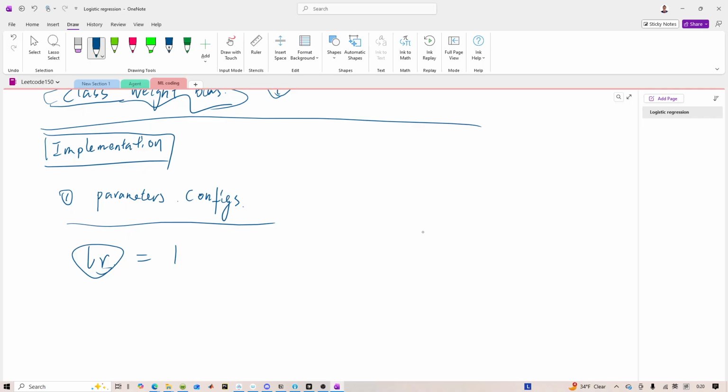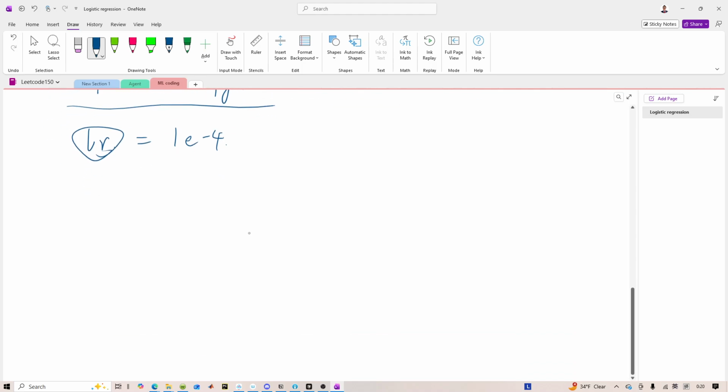So start with the default value 1e-4. And then for optimization, usually you will have some max iteration.